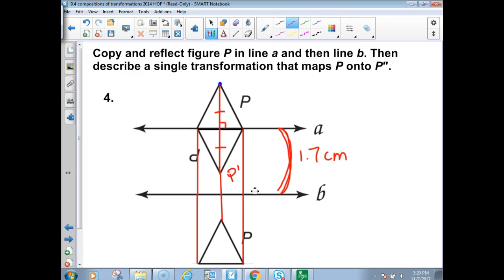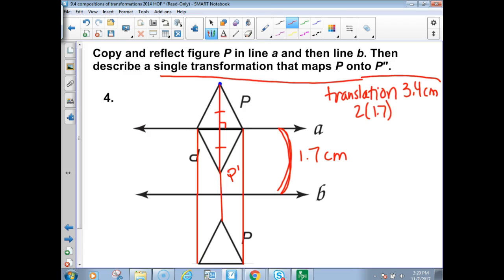So the single transformation that maps P onto P prime would be a translation, and it would be 2 times 1.7 centimeters or 3.4 centimeters. That's how you're going to describe it. A translation, 3.4 centimeters. Because see, that's just a whole other 1.7 right there.